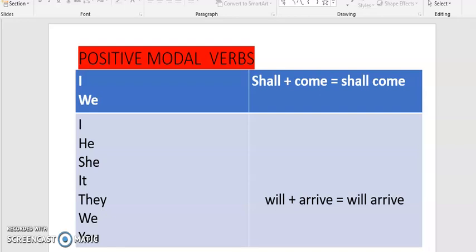The first one, we look at I and we. It uses shall and come. So it will be: I shall come, we shall come.